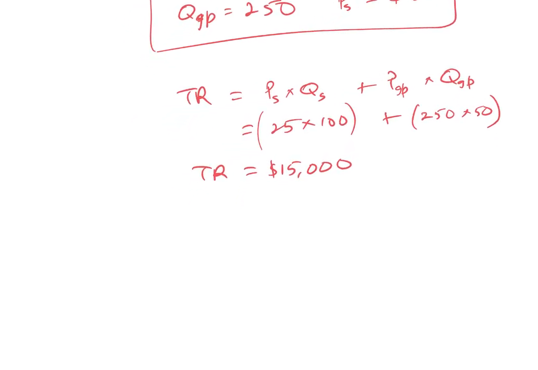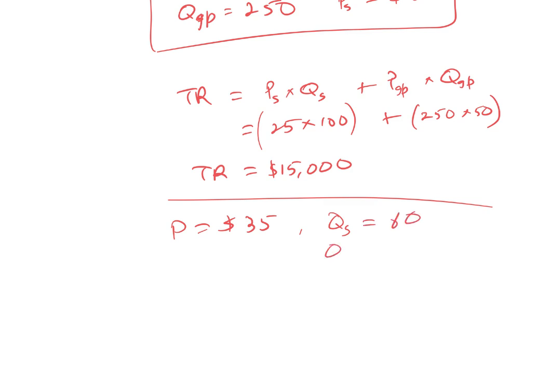In the previous case, we had seen that they were charging the same price. So when they were charging $35, we had seen that the students were demanding only 60 tickets and the general public was demanding 325 tickets.